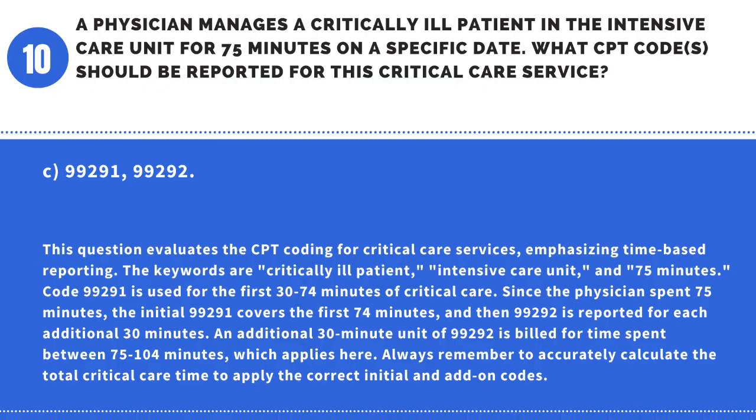Since the physician spent 75 minutes, the initial 99291 covers the first 74 minutes, and then 99292 is reported for each additional 30 minutes. An additional 30-minute unit of 99292 is billed for time spent between 75 to 104 minutes, which applies here. Always remember to accurately calculate the total critical care time to apply the correct initial and add-on codes.